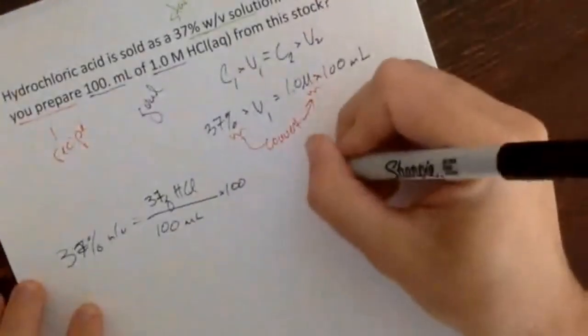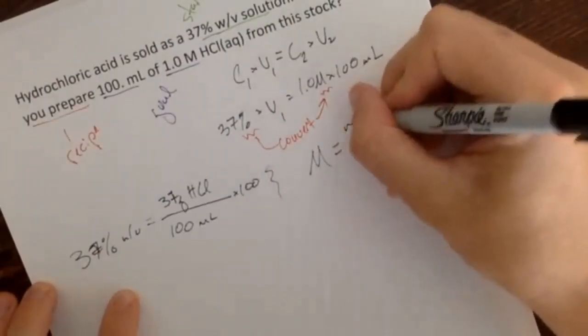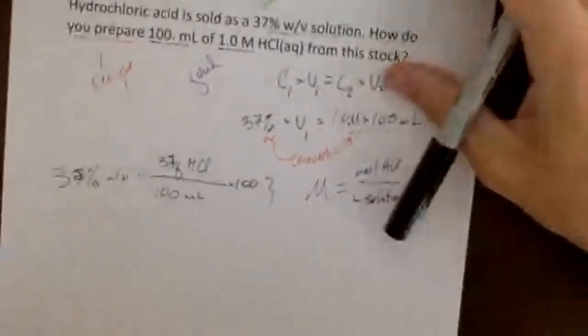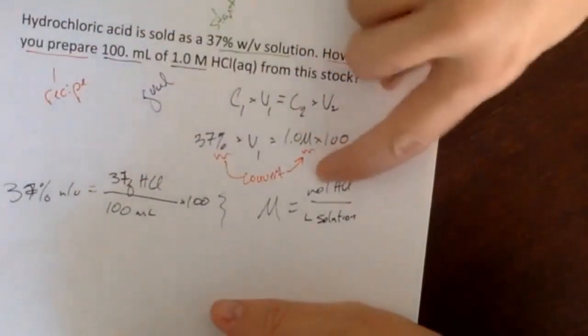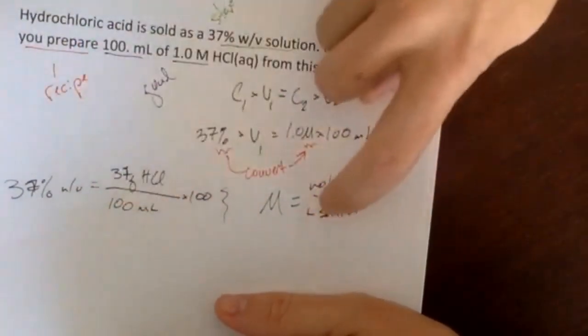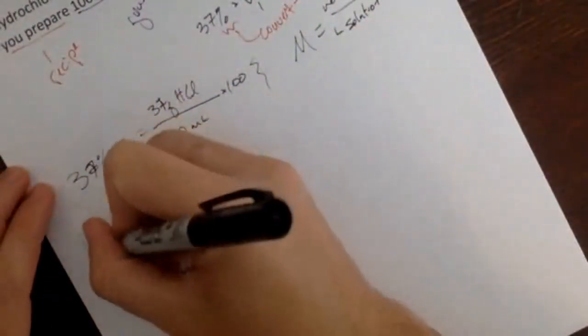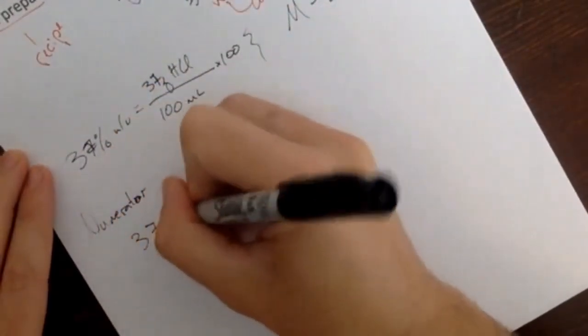And what I want, my goal, is a molarity, which would be equal to moles of HCl over liters of solution. So I'm going to need to take these grams of HCl and turn them into moles of HCl, and take these milliliters of solution and turn them into liters of solution. I'll start with my numerator, the amount of solute. I have 37 grams of HCl, and I want to turn that into moles.